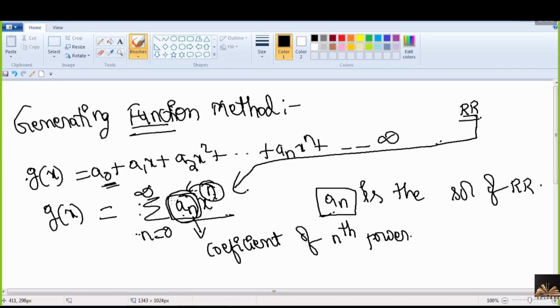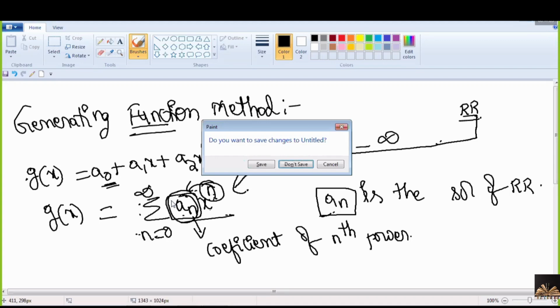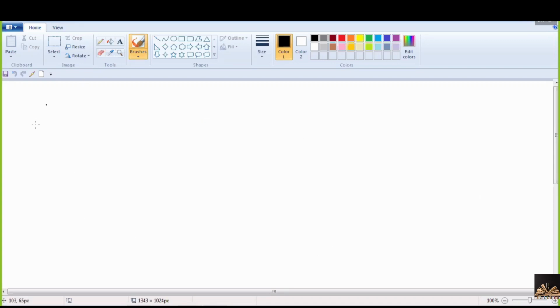Is it clear? This you need to remember: g of x equal to summation of n equal to 0 to infinity an into x to the power n. Right? Now, can anyone tell me, what is the formula for this g of x?